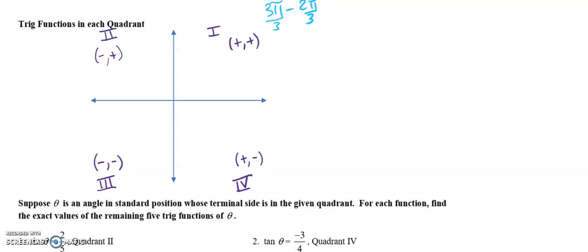Okay, so let's think about the trig functions in each quadrant. Let's think about sine. Sine is y over r. Remember, r is always positive. So sine then is the y value, which is positive, over an r, which is always positive, so sine is positive. Cosine is the x value, x over r.